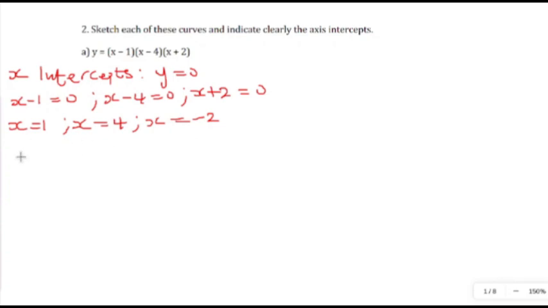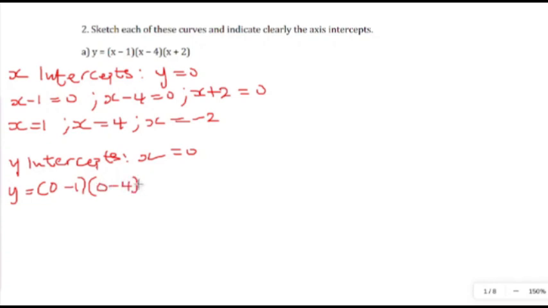Now let's find the y-intercept. We make x equal to 0 to find the y-intercept. So from our equation, y becomes (0 minus 1)(0 minus 4)(0 plus 2). We substitute 0 anywhere we see x.